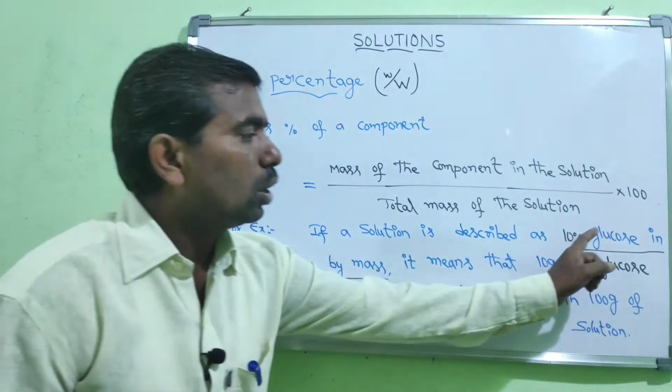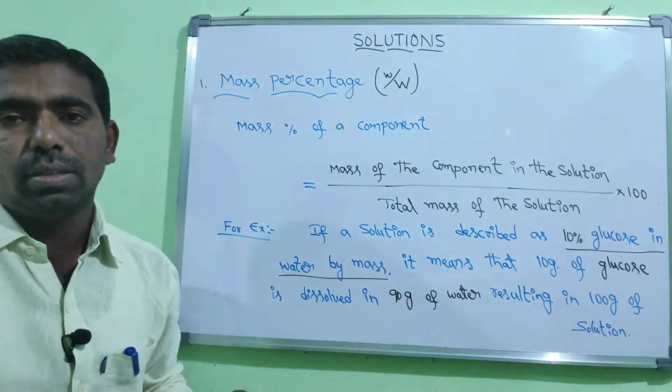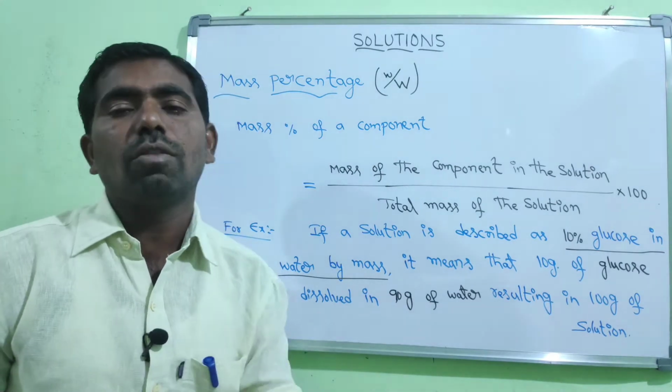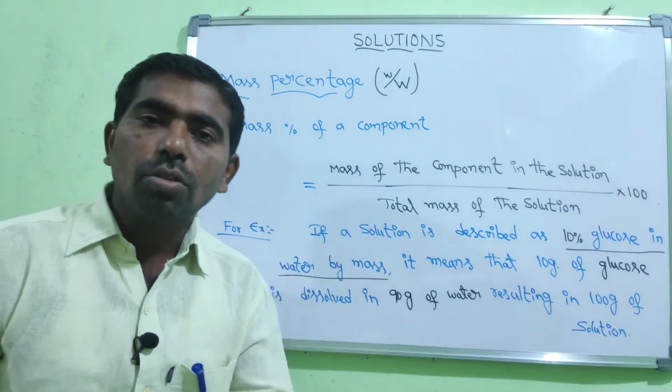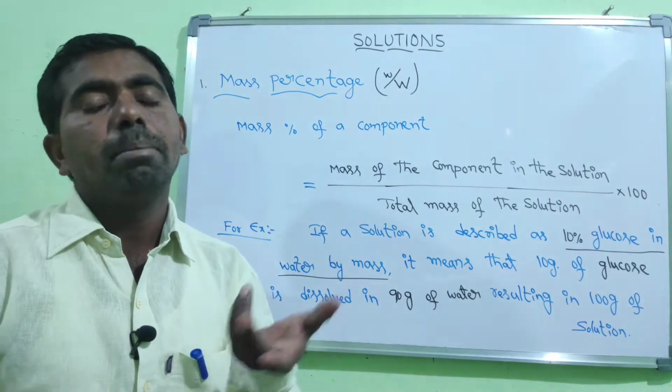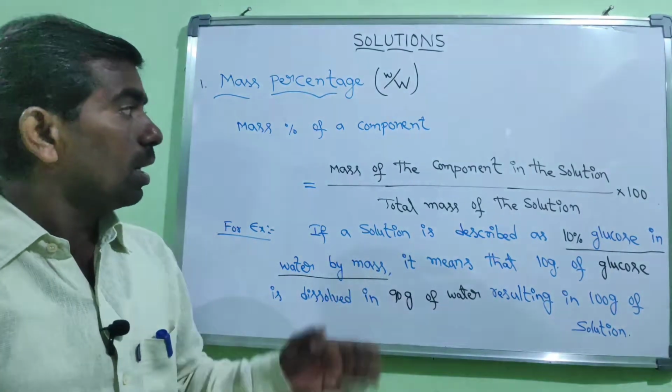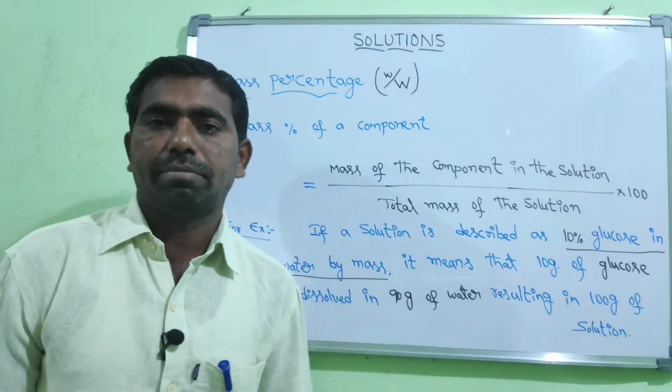So 10% glucose in water by mass means 10 grams of glucose is dissolved in 90 grams of water. So now the total weight of the solution becomes 100 grams. So that is about the mass percentage of a component.